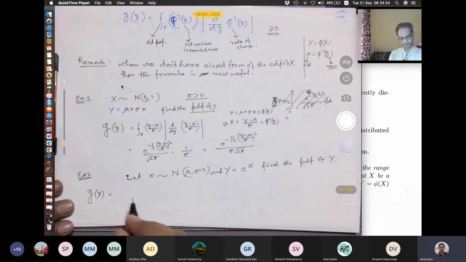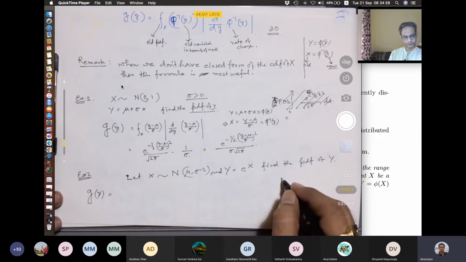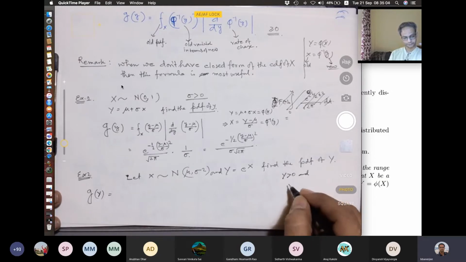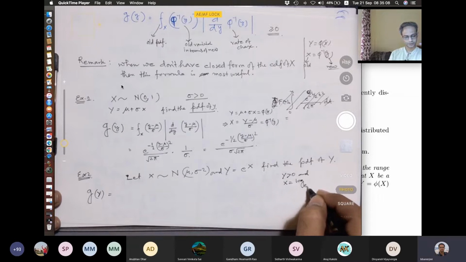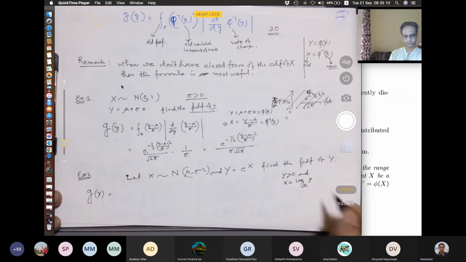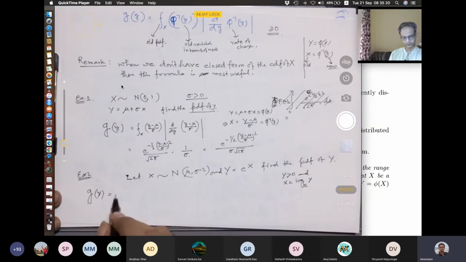So first, what do you need to do? You need to know that y is strictly greater than 0 and x equals log of y. Okay, so again, same story.